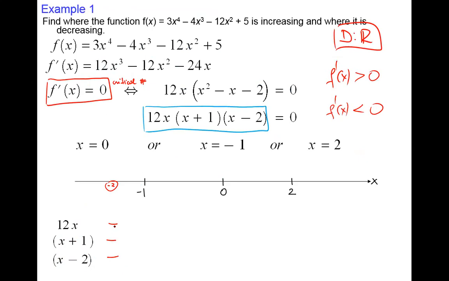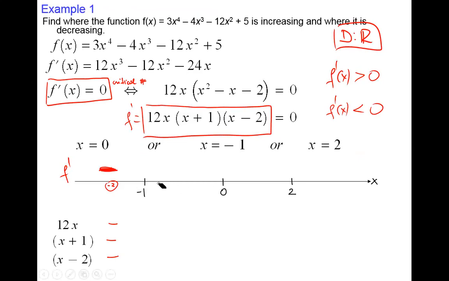Negative times negative times negative gives me a negative value. That means from negative infinity to negative 1, the function is decreasing, because I'm testing the sign of the derivative.